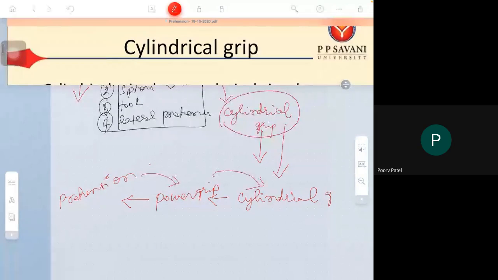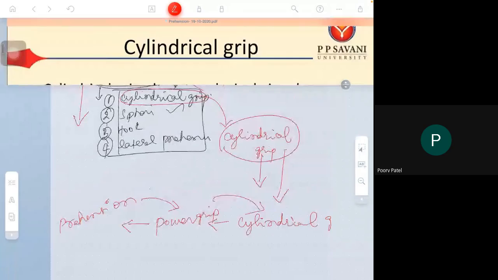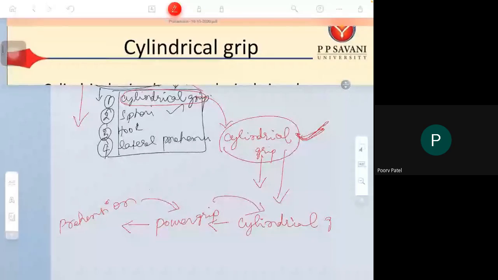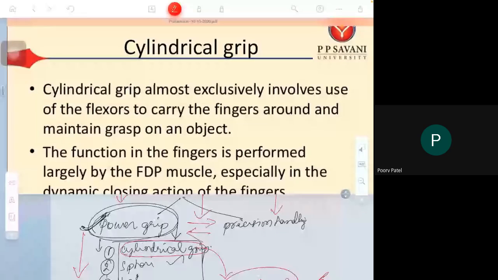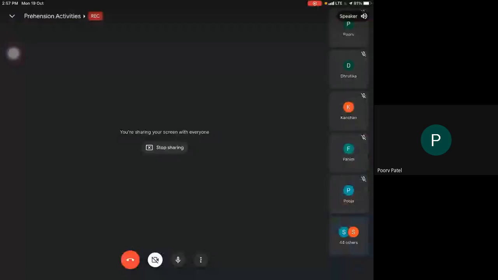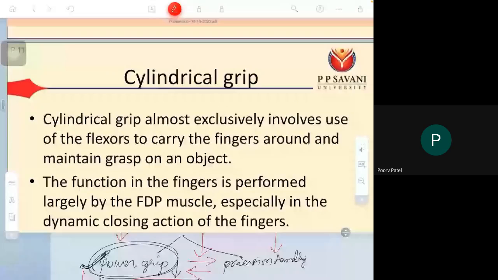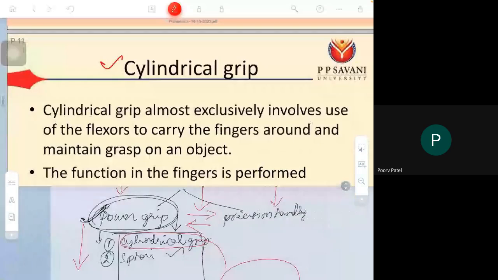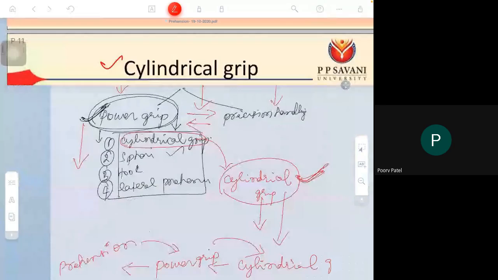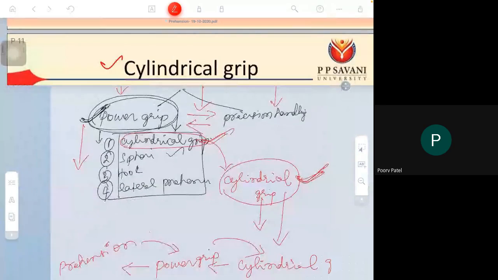Now we are going to study the cylindrical grip in detail. I will teach only this one grip, then we will discuss the next one next class. Cylindrical grip we are studying now, and it is important also.